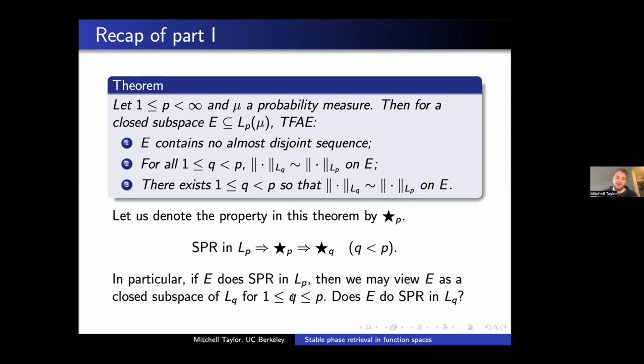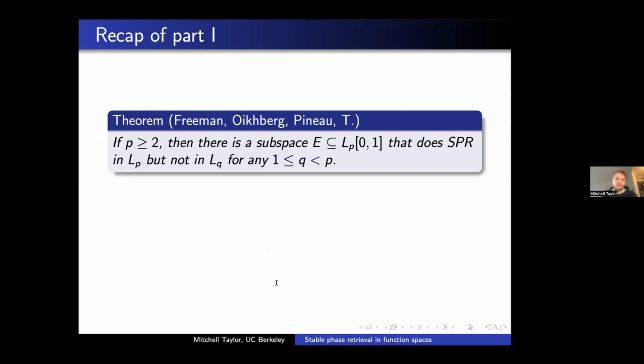Okay, so that's the question Dan mentioned, and he gave our result on this, and the result is, well, it depends on what side of 2 you're on. So our theorem was that if P is bigger than or equal to 2, then I can find subspaces of LP that do SPR in LP, but when I view them in LQ, which I can do because the norms are all equivalent, they'll fail to do stable phase retrieval in that LQ topology for any Q less than P, right?